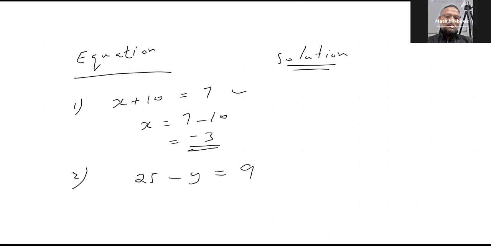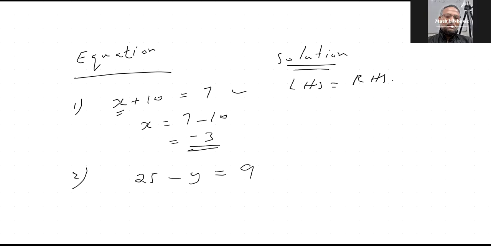What do you mean by solution of an equation? The value of the variable that will satisfy the equation. You have to get the value of the variable which satisfies the equation, LHS equal to RHS.